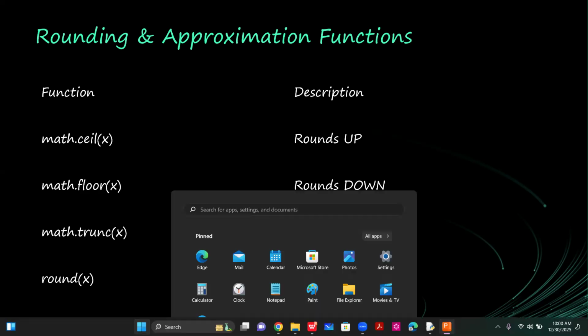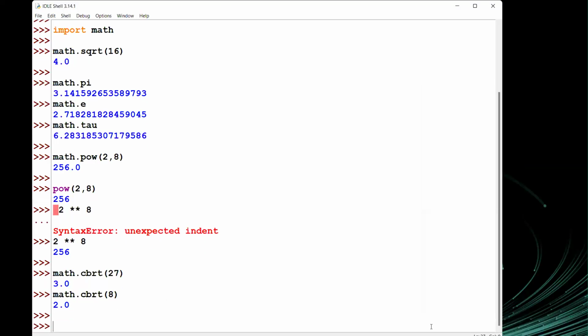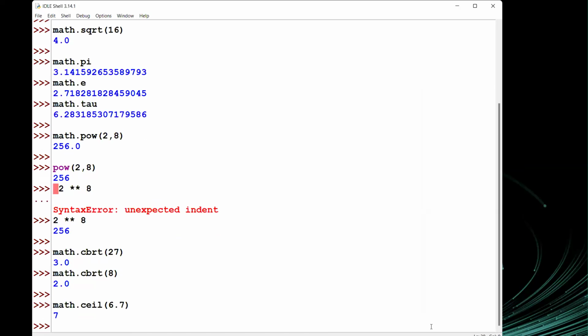So if I say math.ceil of 6.7, approximation of it to the ceiling will give us 7, because we are rounding it up to the next whole number, which is 7. Math dot floor will return it.